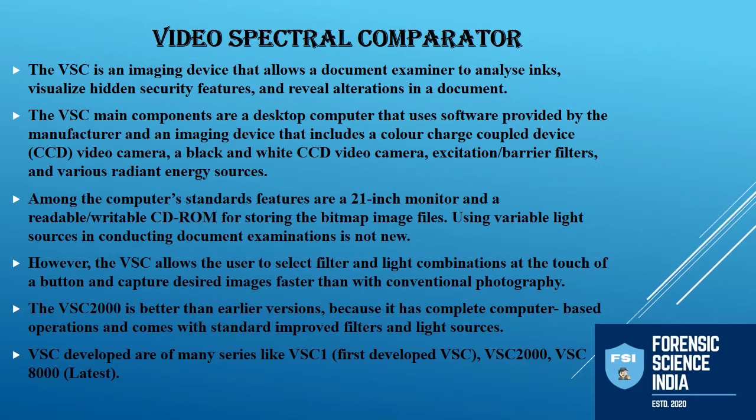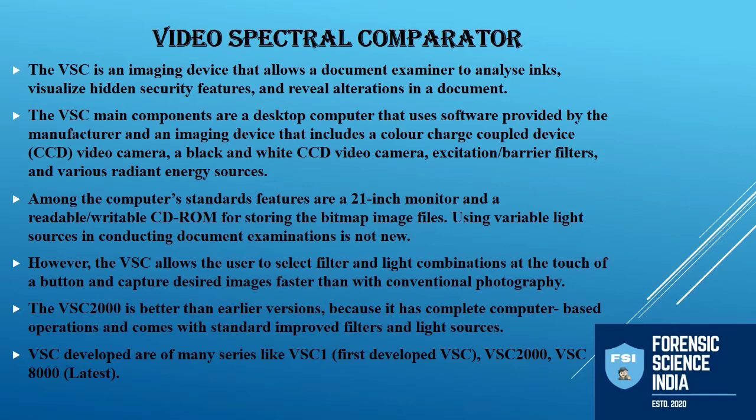So the VSC 2000 is better than earlier versions. It's a series of VSC, because it has complete computer based operation and comes with standard improved filters and light source.